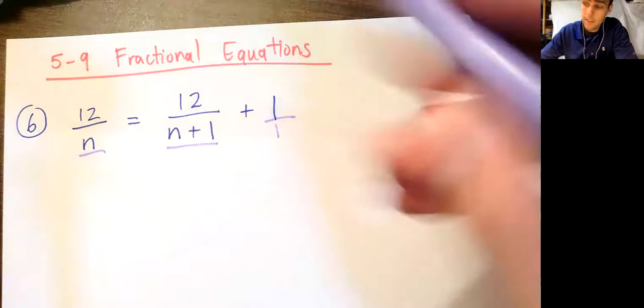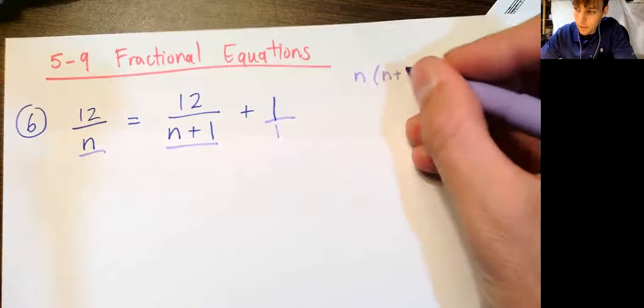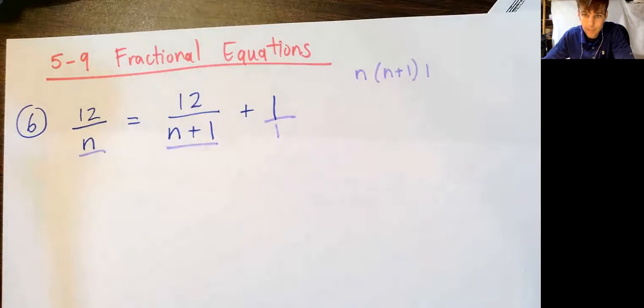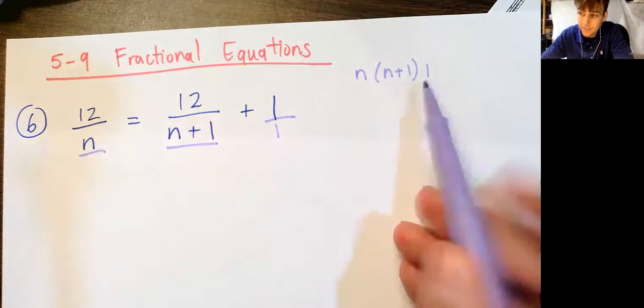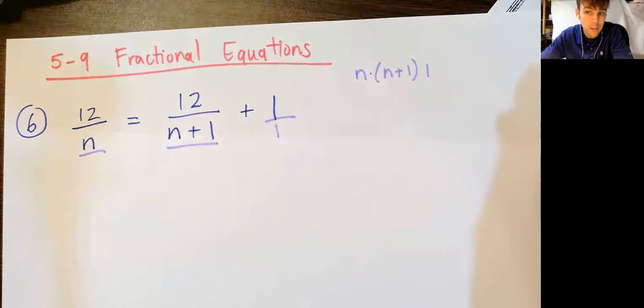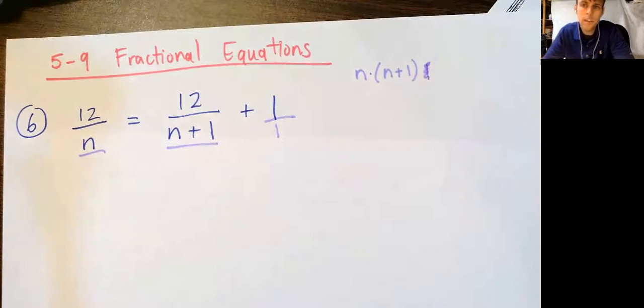In this case, we have n plus 1, and we have 1. So none of these have any factors in common, so my LCD is just going to be n times n plus 1 times 1, although times 1 doesn't actually do anything, so we can leave that out.